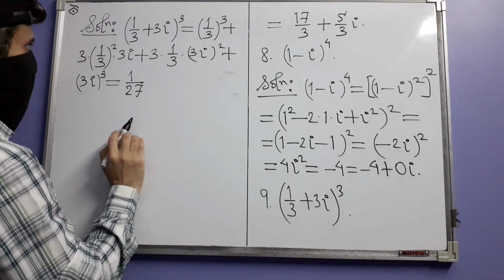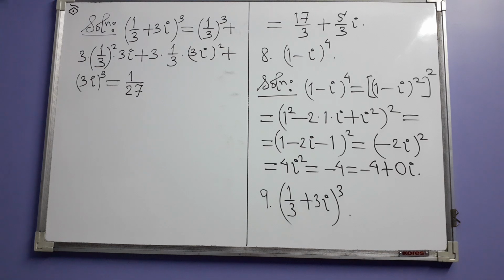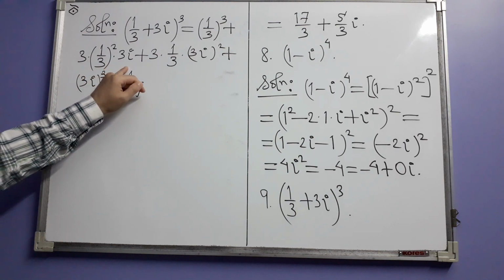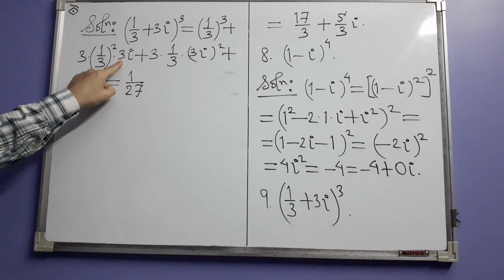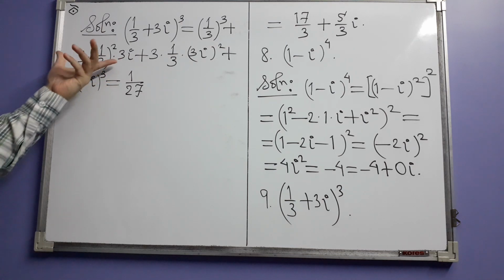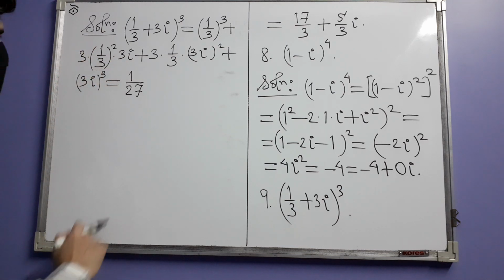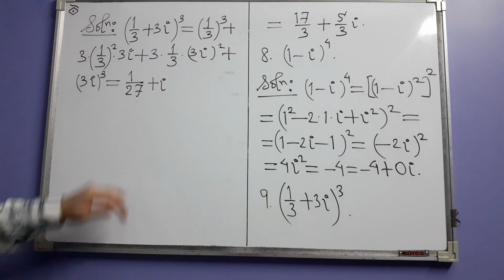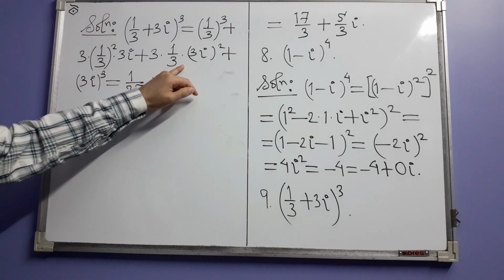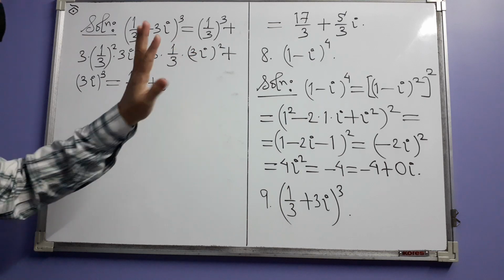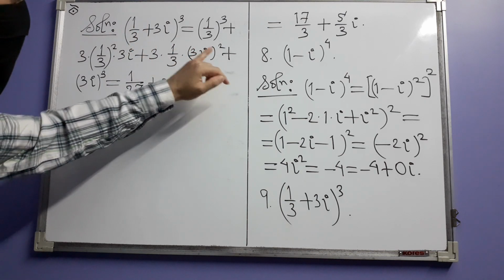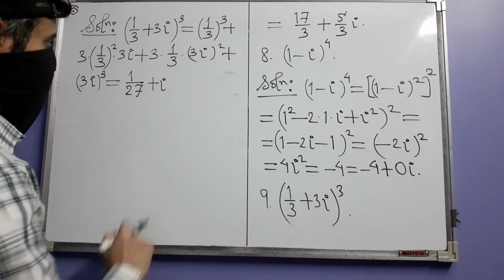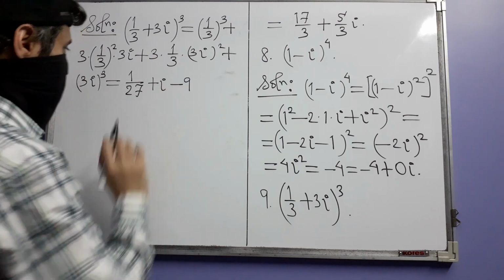1 divided by 27. You see, here the denominator will be 9 because there is a square, and the numerator is also 3 times 3, 9. That means this term is i. What about this? 3 and 3 already cancel each other. 3 square is 9, but we have i square with that, and i square is minus 1. So that means minus 9.